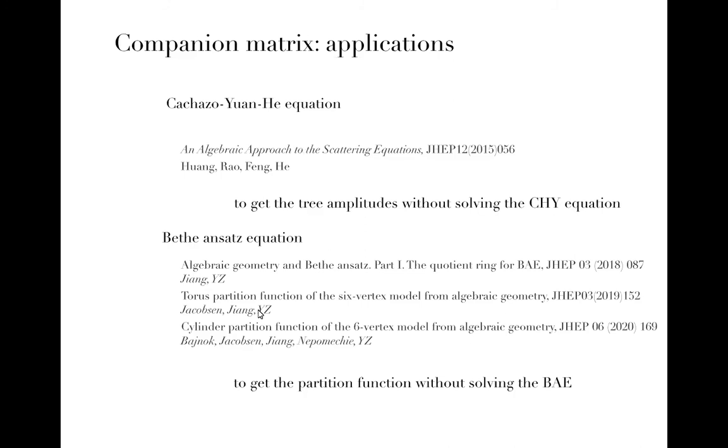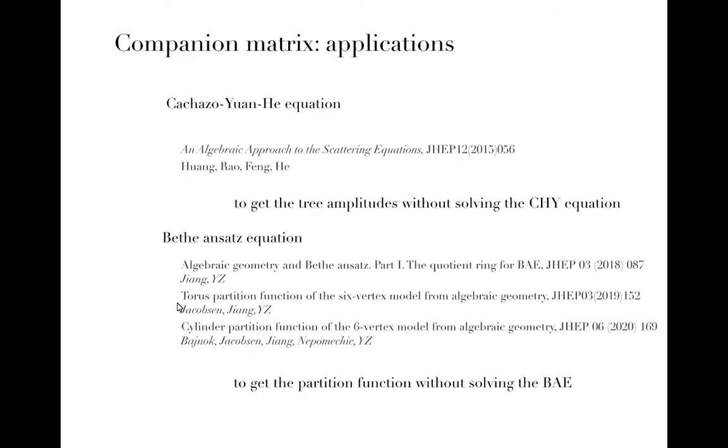You can also do it with integrability, like some work with my collaborators. You can do the Bethe ansatz equation. For example, you have some kind of lattice model or spin chain model. You know it's integrable, which means the result should be derived from the algebraic Bethe ansatz equation. But if you solve the Bethe ansatz equation, you get a lot of square roots or something worse.